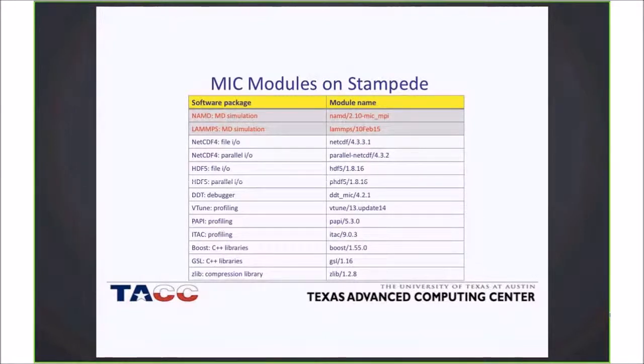This table shows a non-complete list of the modules supporting MIC on Stampede. They include libraries, profiling tools, etc. At the very beginning, AMBER and LAMMPS are the packages for molecular dynamics simulations. The code for MIC was optimized by the staff at Intel.